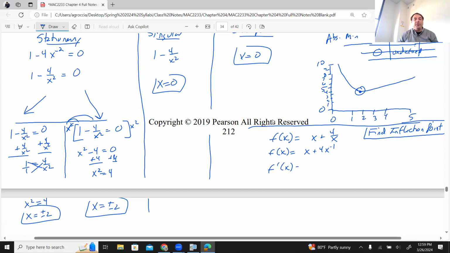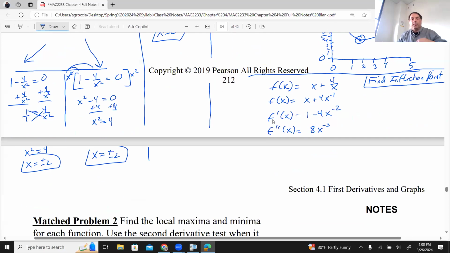So if you take the first derivative, that's 1 minus 4x to the -2. If you take the second derivative, you get what? 8x to the -3. We set that equal to 0. 8x to the -3 equal to 0. I'm going to call that 8 over x cubed equals 0.